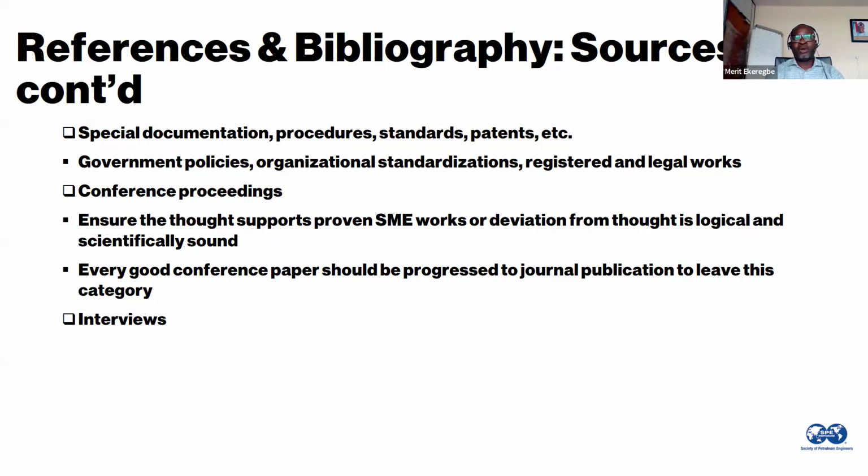That does not mean that all conference papers are not worth it. But a review paper, a peer-reviewed paper, or a published journal paper has an edge over conference papers.